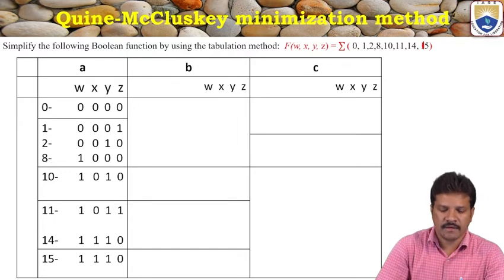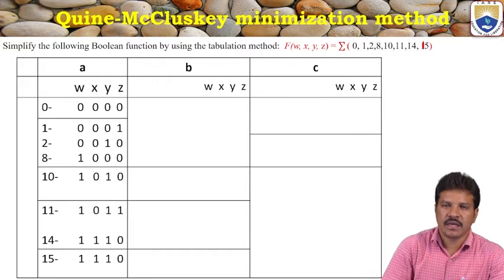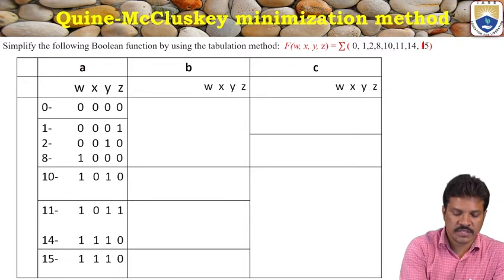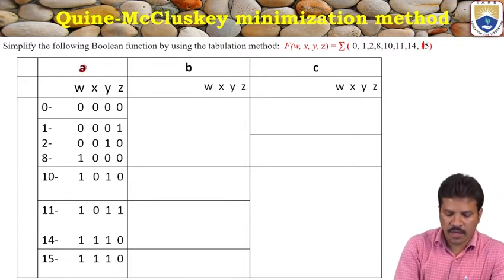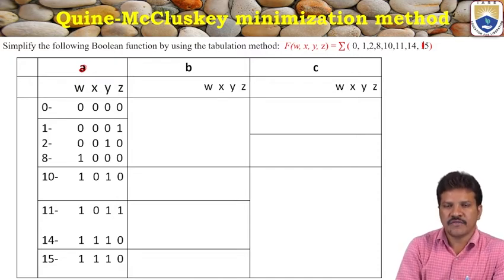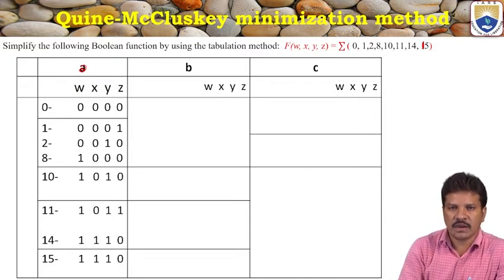As I said in the 4 steps, the first step is to group the minterms according to the number of ones inside the binary representation of those minterms. So we have these minterms. When we group them in column A, this is column A. In this column, we represent those minterms according to the number of ones inside each minterm.